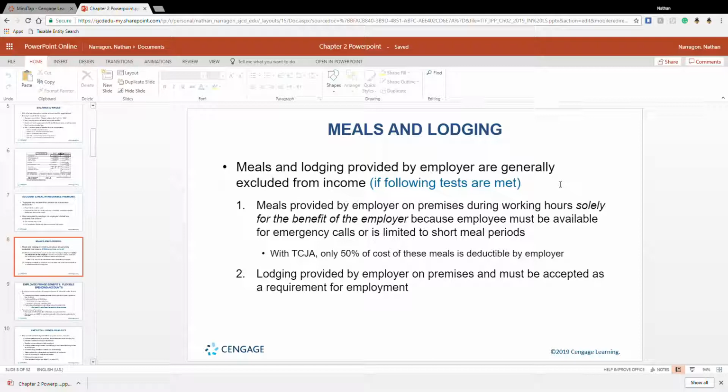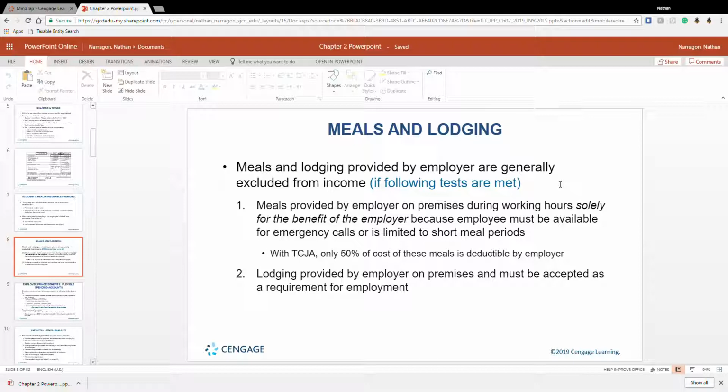Also, we have meals and lodging. Basically hotels, stuff like that, a cabin, if we get the cool cabin. Meals and lodging provided by the employer are generally excluded from income, only if these two tests are met. If these two tests are not met, then we actually have to include meals and lodging as income. One: meals provided by the employer are on the premises during work hours.